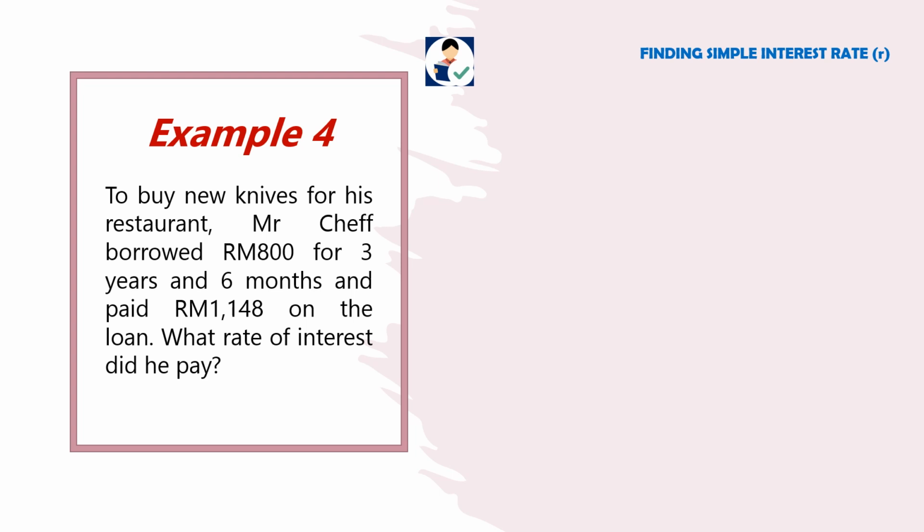For this question, 800 ringgit is the amount borrowed, which is P. And then after 3 years and 6 months, he has to pay 1,148, which is S.